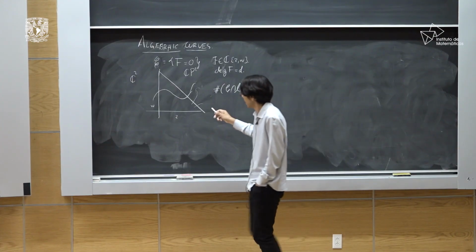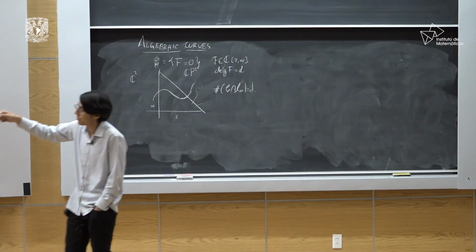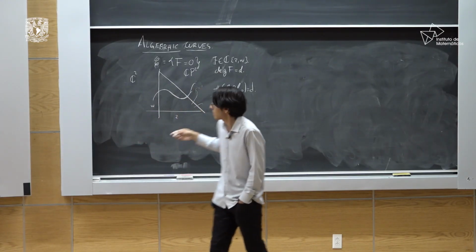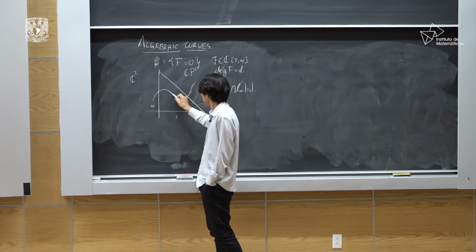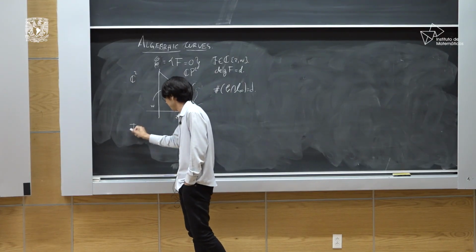So we have also, as in the foliation, a kind of local models for the curves around non-singular points that are given by the implicit function theorem.